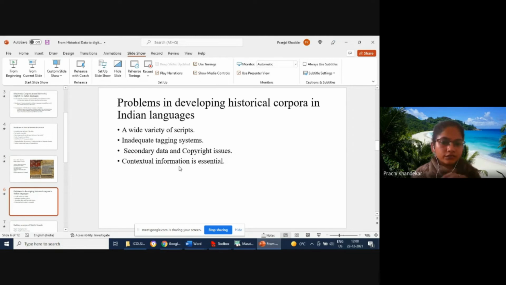And the contextual information is essential. When you eventually release your historical corpora to an academic audience, they need some context to it. They need to understand the background, the social background, the political background of where that data is coming from. So just publishing a historical corpora is not enough.